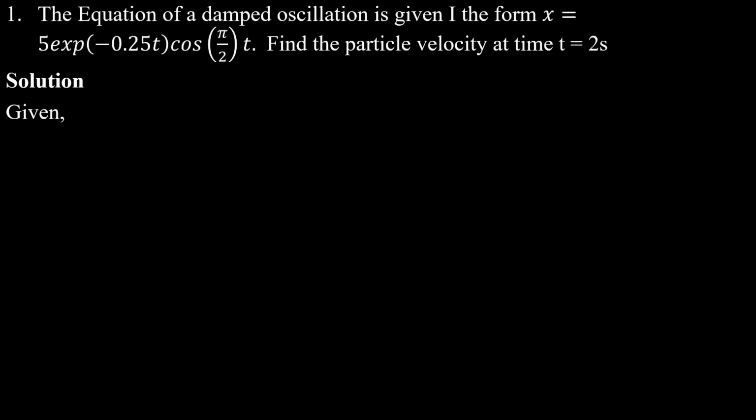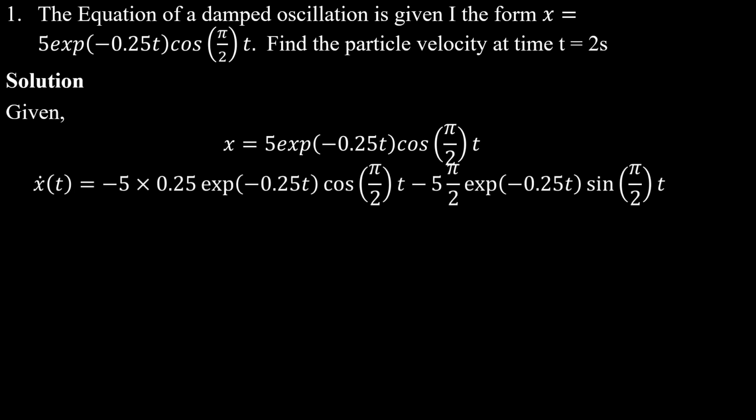So this is question 1 and we are asked to find the particle velocity. We're given the displacement of the particle, which is given by this expression, and we want to find the particle's velocity. So we should know that x dot is given by this. What do we do? We simply differentiate it.